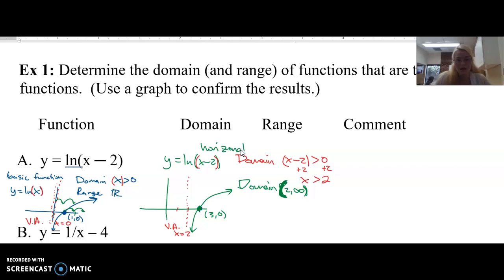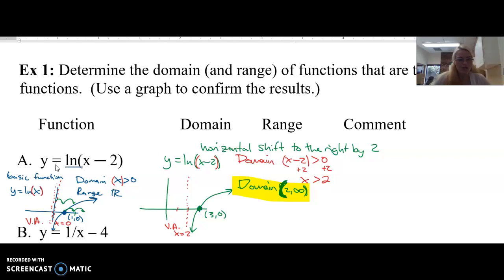Horizontal, Z-O-N. Horizontal shift to the right by 2. With that horizontal shift, your domain changes because you are changing the x values.